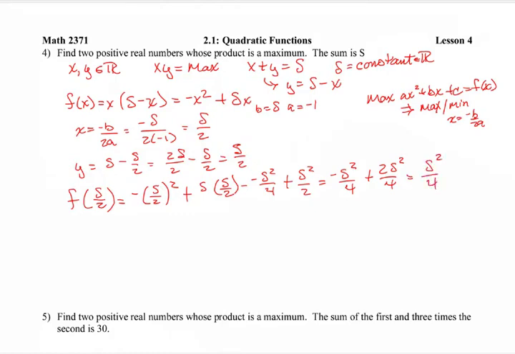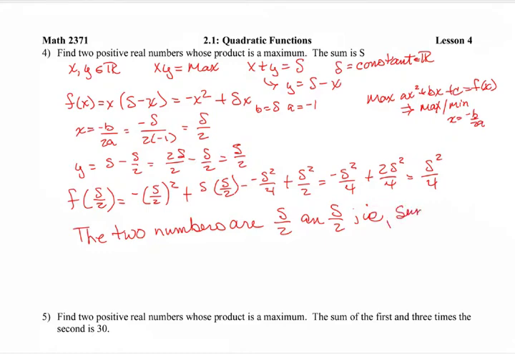All right. Now let's write our complete sentence. The two numbers are s over 2 and s over 2. That is, or i.e., the sum divided by 2.